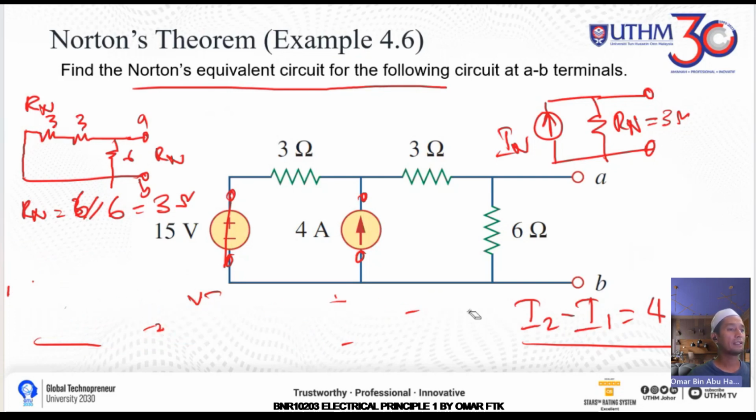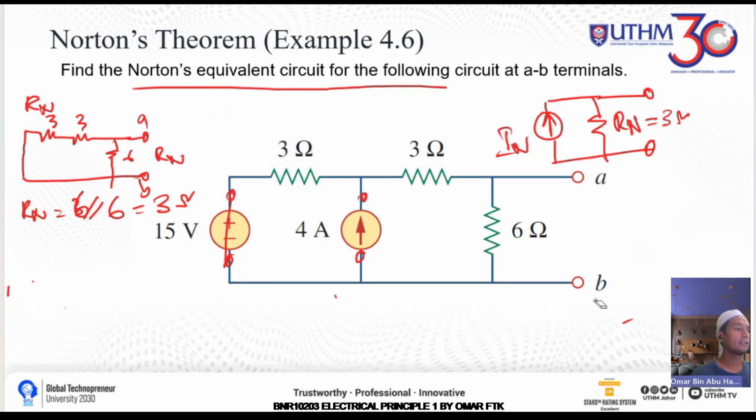The reason is that when we do the analysis for the current, we start over here. So let's change using source transformation. We change the 15 volt 3 ohm into the current source.